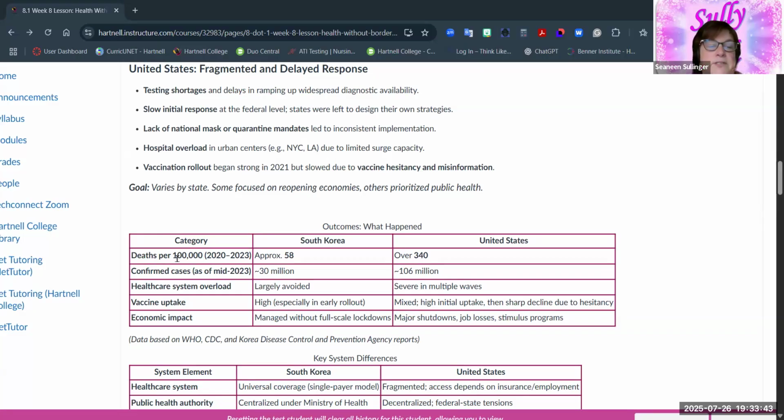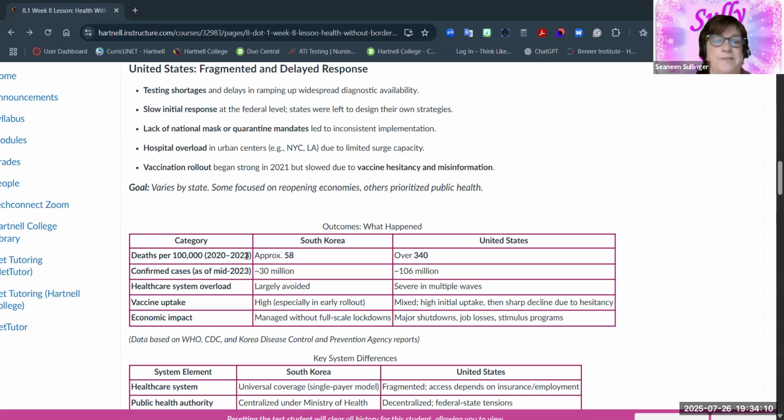So how many deaths per 100,000, we'll look at United States, 2020 to 2023. Now understand that these statistics may or may not be skewed in the United States because we then went back, many of our deaths were listed as COVID deaths, but were actually a result of a chronic disease process, which made the person more susceptible to COVID.